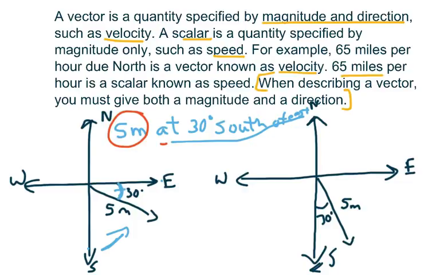On this one, I have 5 meters. And this is at, now we're going to talk about the direction, 30 degrees. Now this is on the south part, so we're going to write east of south.